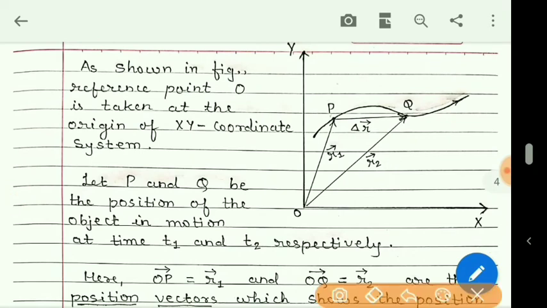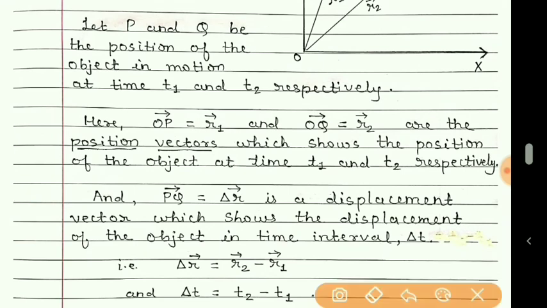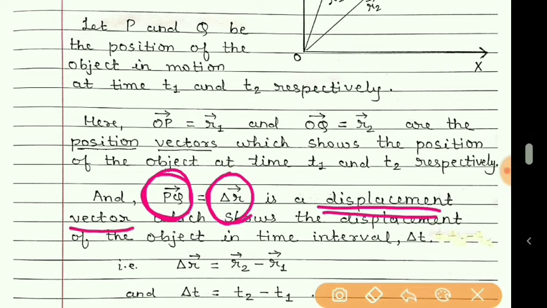So from initial position to final position, you can see this vector from P towards Q. So this is nothing but the displacement vector, that is vector PQ, which is symbolically represented as vector delta r. It is a displacement vector.